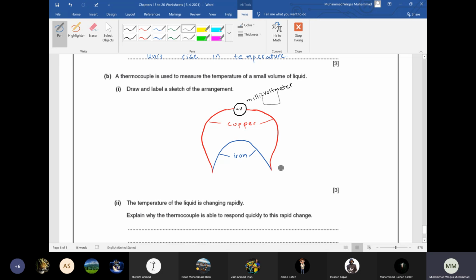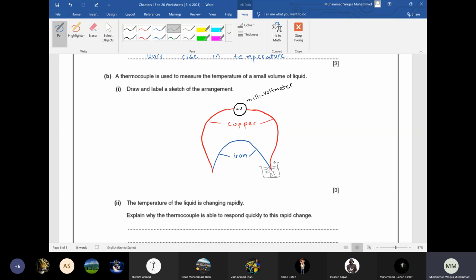One junction is kept at a steady temperature, so you can show this as melting ice, 0 degrees Celsius. You can call this cold.